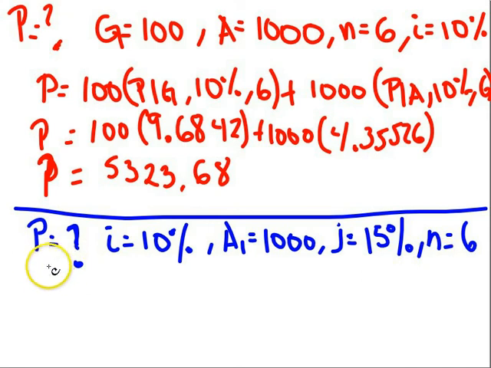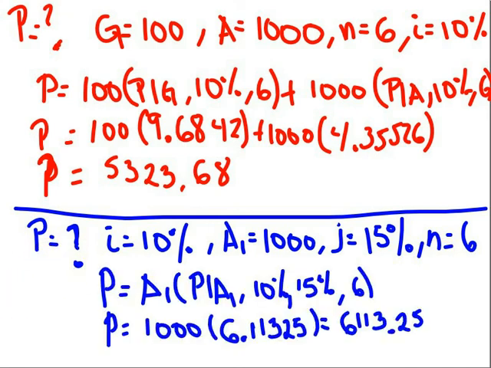We are interested in finding the present worth. The solution is P equals A1 times P given A1 for 10% as the interest rate, 15% the increment rate, and 6 periods. When we plug in these numbers into the formula, we obtain 6.11325, which we multiply times the first annuity 1,000, and the present value of this series is $6,113.25.